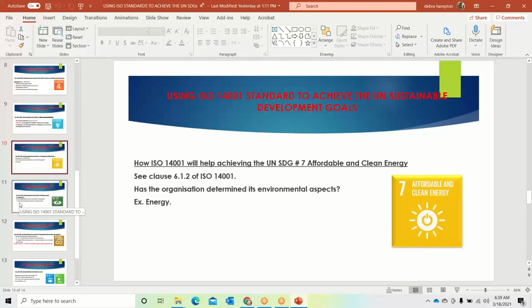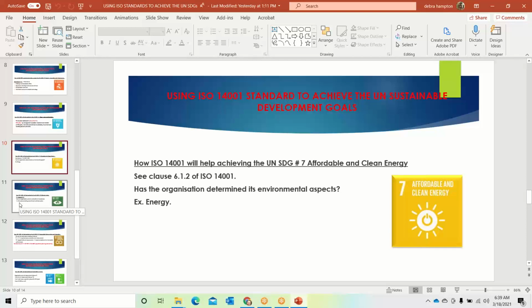How does the organization determine its environmental aspects? And how is it going to affect the environment, or create an impact on the environment?